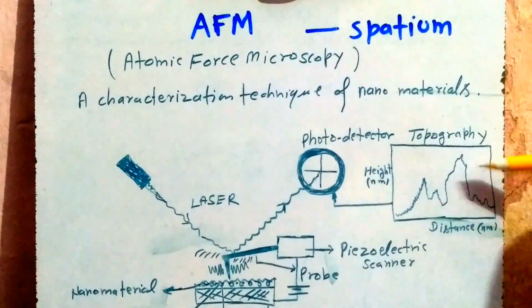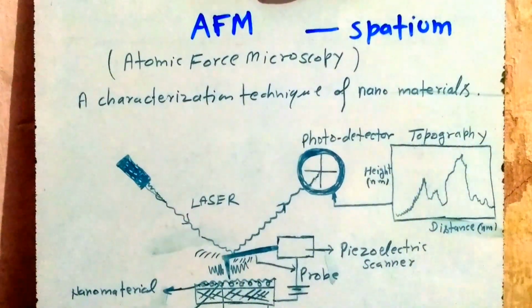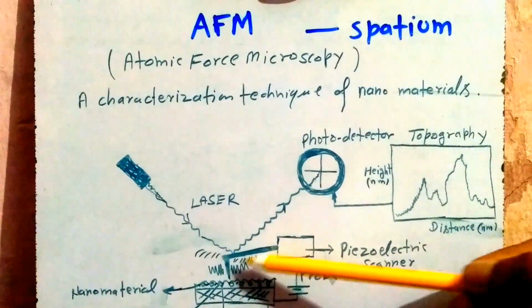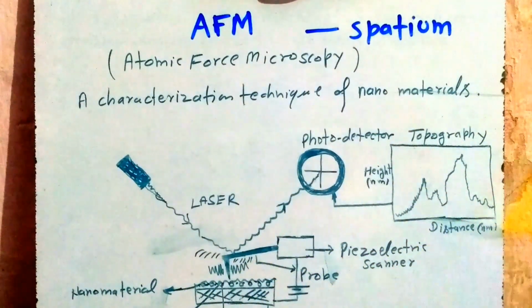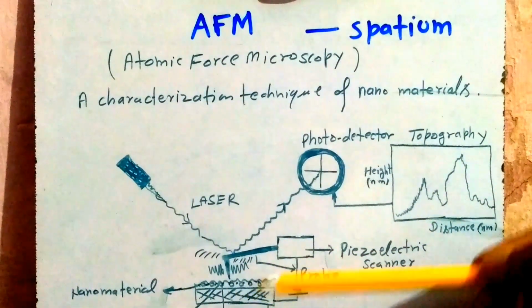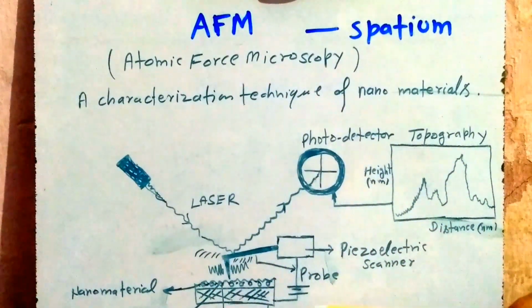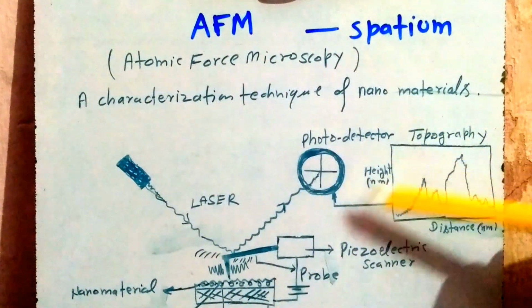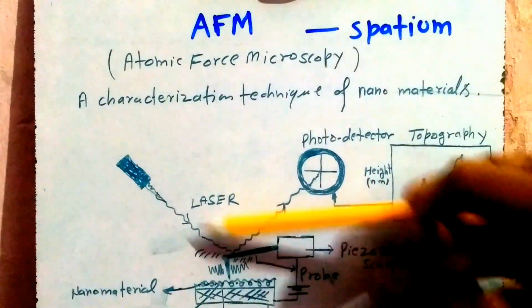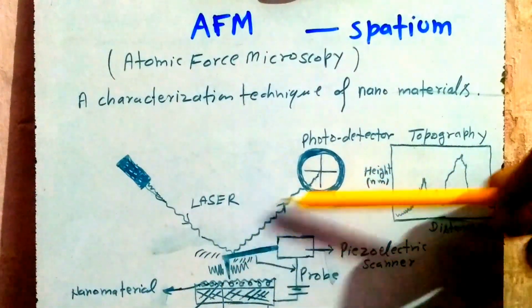The graph is recorded like this, and the probe is the main instrument for characterizing nanomaterials in this technique. So this photodetector is detecting the reflection from the laser on top of the probe.